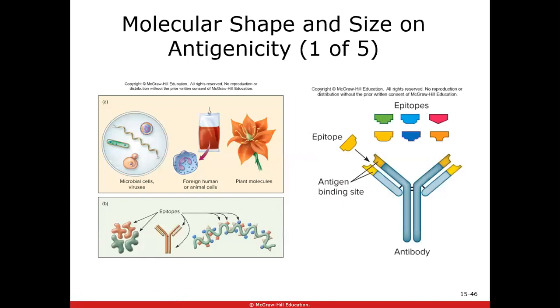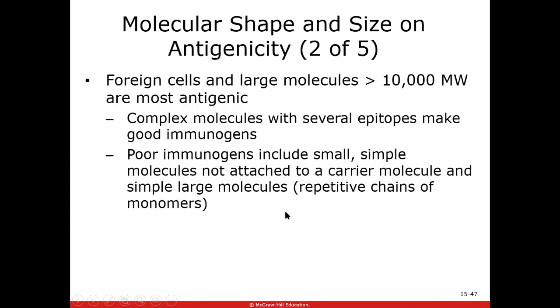And so this is saying that the site that's the antigen receptor is actually receiving the epitope, which is the site that this antigen receiver fits in. So you have foreign cells that are just completely different, and also large molecules greater than 10,000 molecular weight are the most antigenic.